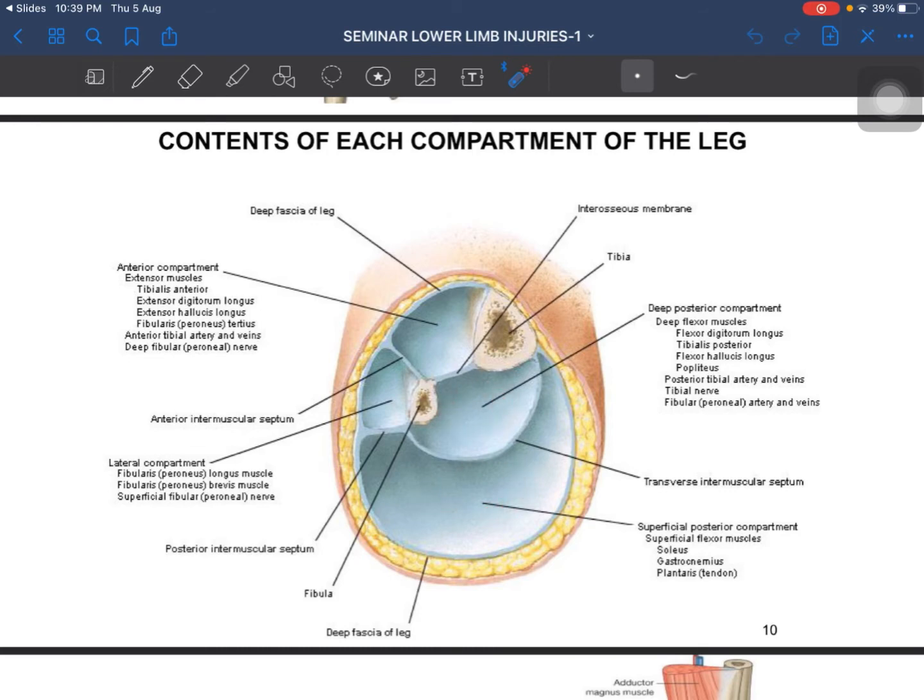The superficial posterior compartment has superficial flexor muscles: soleus, gastrocnemius, and also plantaris with its tendon. The deep posterior compartment has deep flexor muscles: flexor digitorum longus, tibialis posterior, flexor hallucis longus, popliteus, posterior tibial artery and vein, tibial nerve, fibular artery and vein.